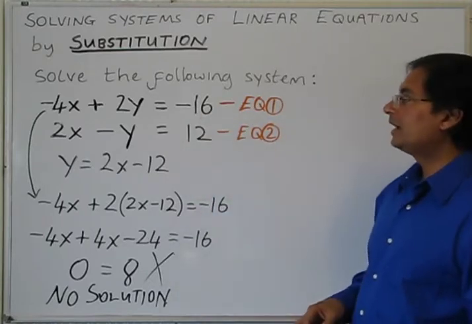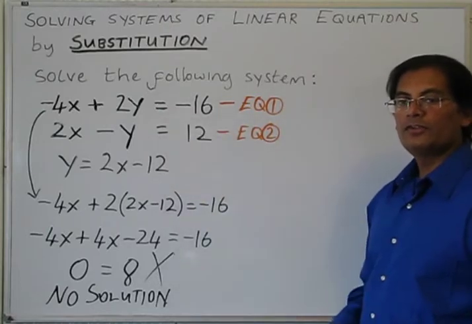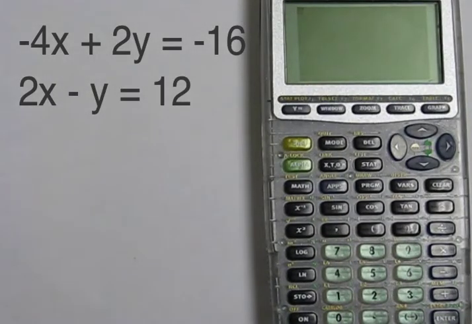Now, in order to see that graphically, we would solve each one of these for y and graph them. So let's do that. So we want to look at each of this system of equations. Negative 4x plus 2y equals negative 16, and 2x minus y equals 12. First of all, we need to solve each for y. Negative 4x plus 2y equals negative 16 becomes y equals 2x minus 8.